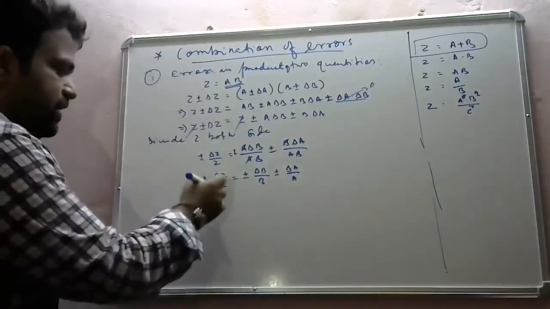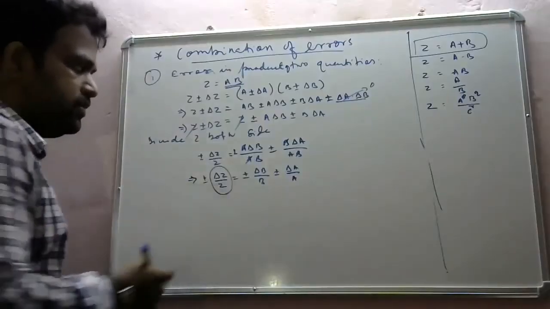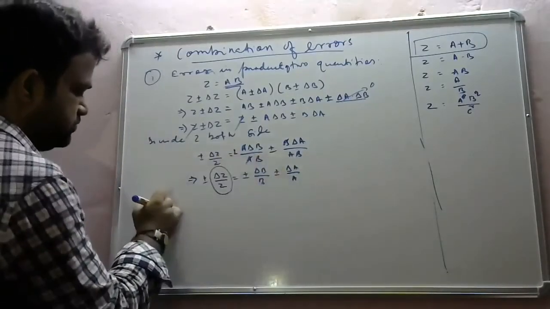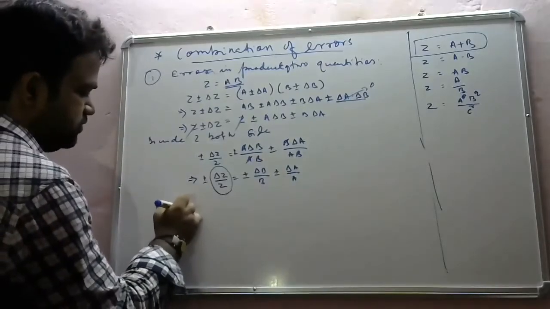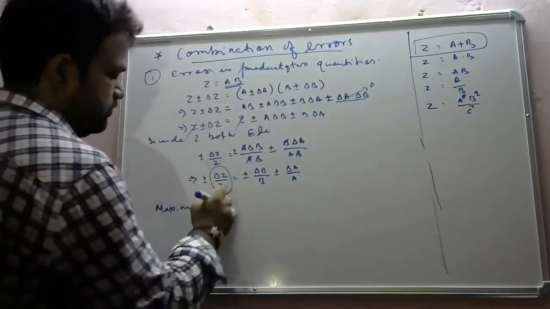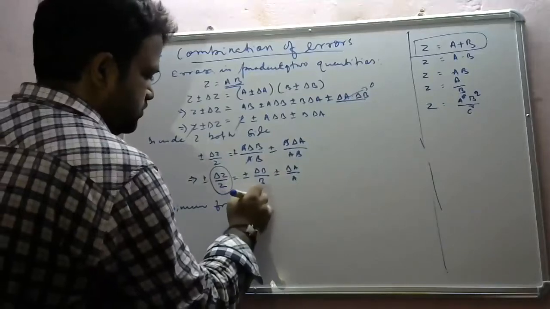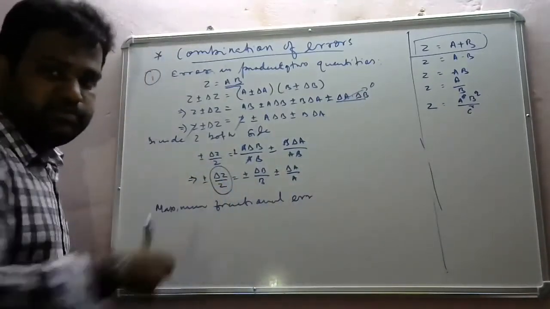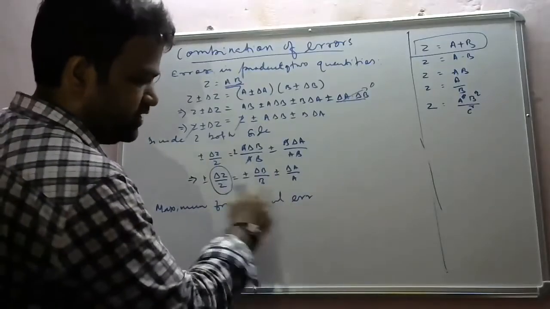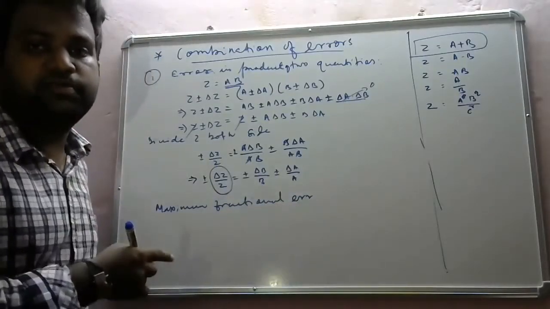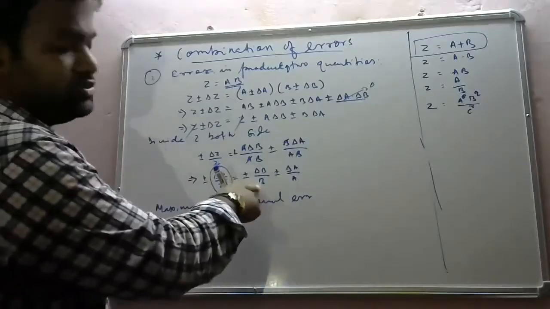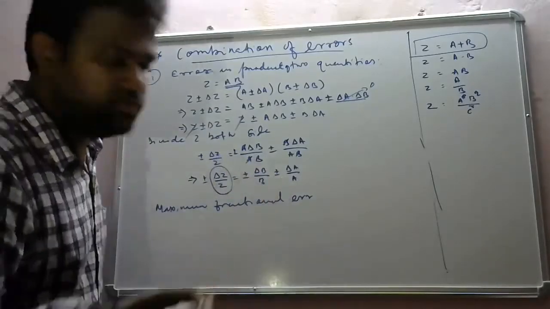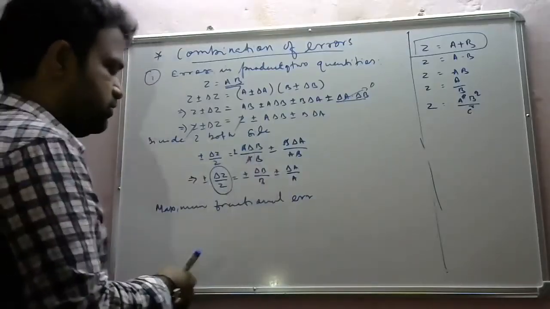So the maximum fractional error will be if I take the plus sign for both. For percentage error, I'll multiply by 100, right? So the maximum fractional error will be delta Z by Z is equal to delta A by A plus delta B by B, because this will be the maximum value of this combination.